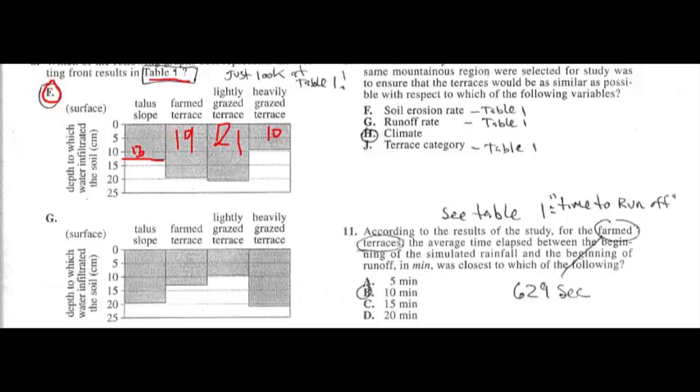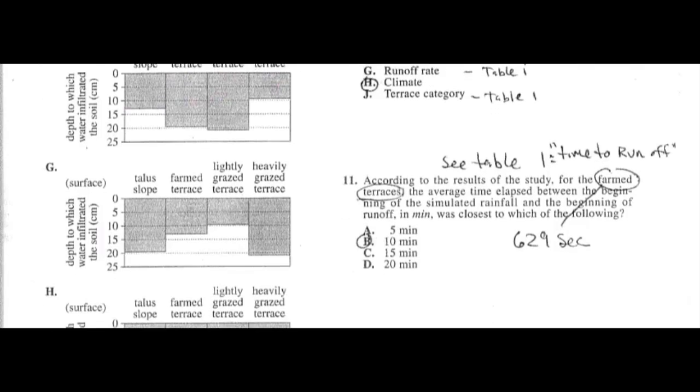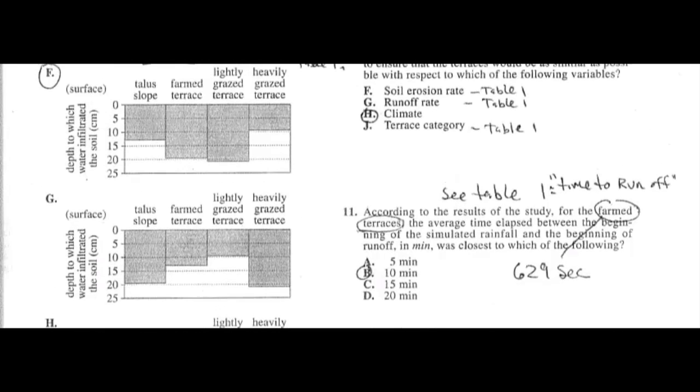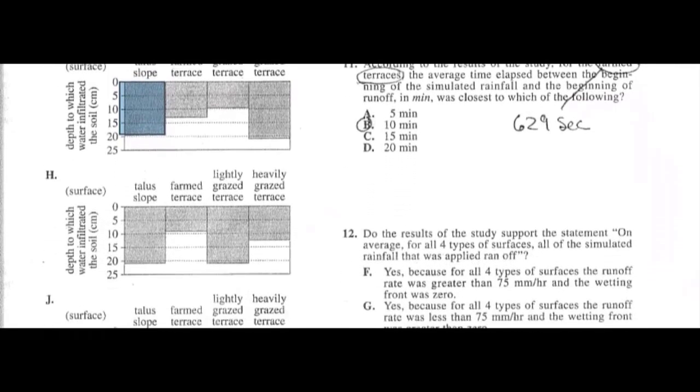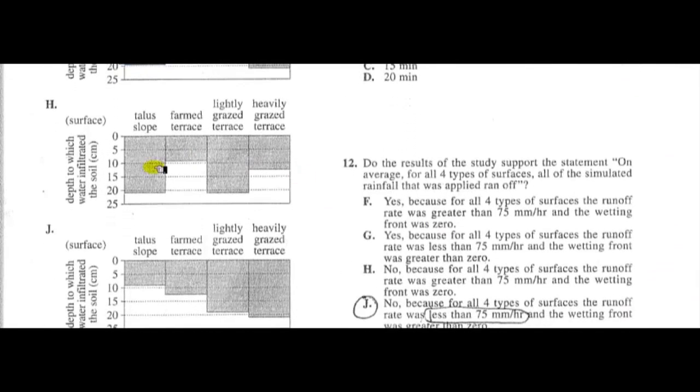If you scroll down and look at some of the other charts, you'll see that answer choice G is wrong, because remember, we were looking for the talus slope at 13, but in G the talus slope is down here at 20. So right away, just by looking at the first column under the talus slope, you'll see that one's incorrect. If you go ahead and look at answer choice H, H says talus slope is 21, so that one is wrong as well. And then over here in answer choice J, J says the talus slope was 9.